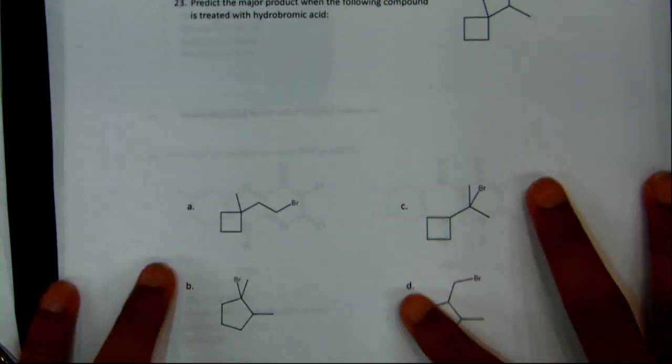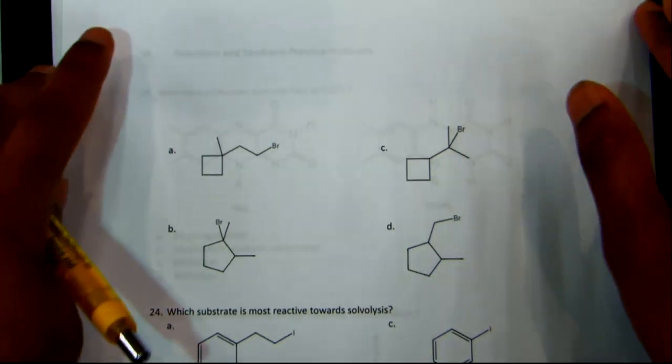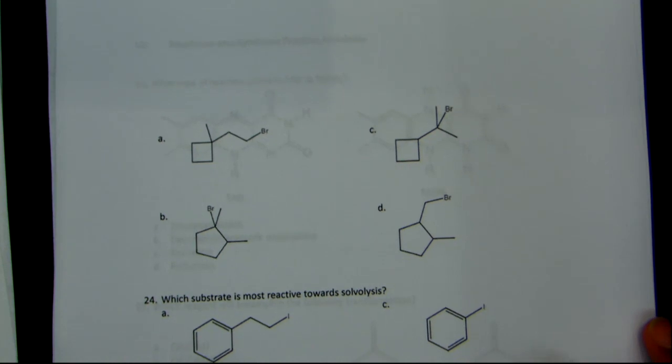Predict the major product when the following compound is treated with hydrobromic acid. All right, so we know it's substitution because all our answers are only substitution. So your answer choices are giving you answers, that's supposed to help.